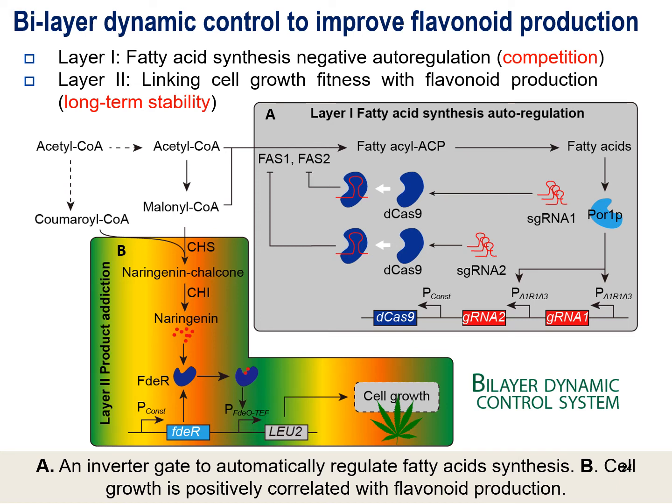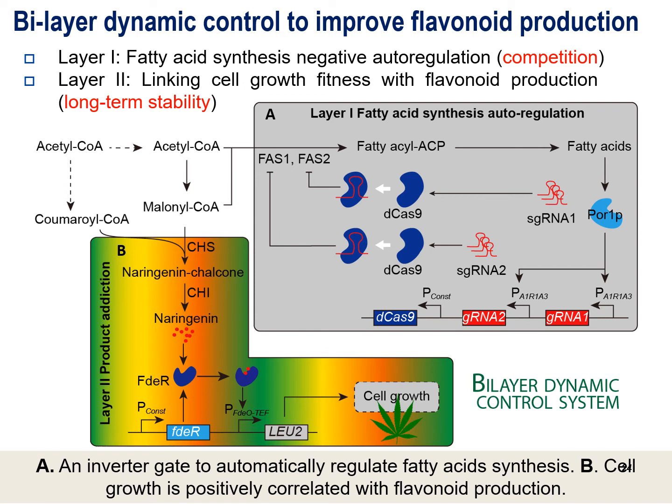When the cell starts making too much fatty acid, we have an endogenous transcriptional factor protein called POR1P. It will be activated, and this protein will start driving the expression of the guide RNA. This guide RNA will bind with the dCas9, the catalytically dead Cas9, so they can search on the genome.